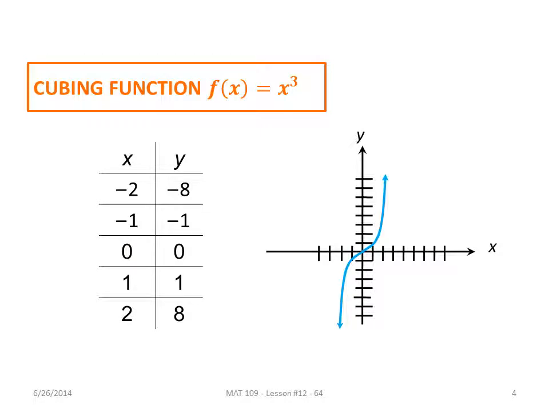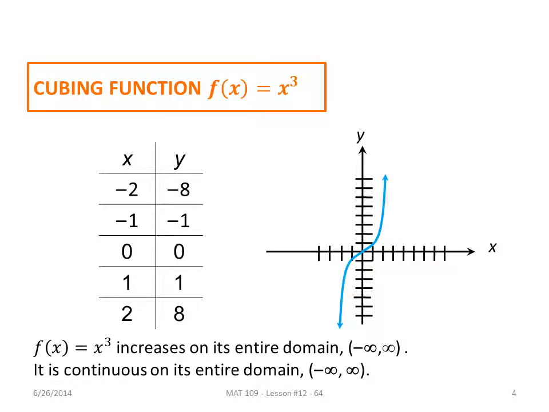The basic shape also has the right-hand side going up and the left-hand side going down. It increases over the entire domain, and the domain is again -infinity to infinity.